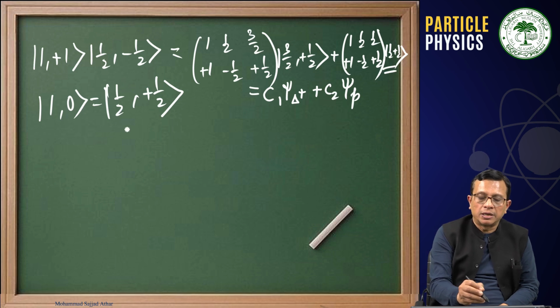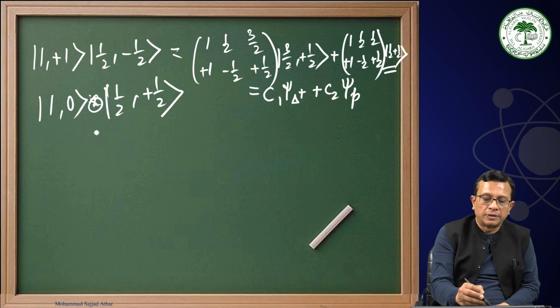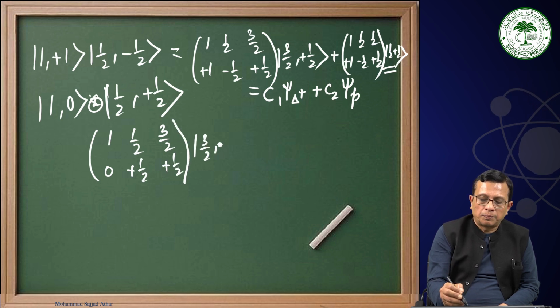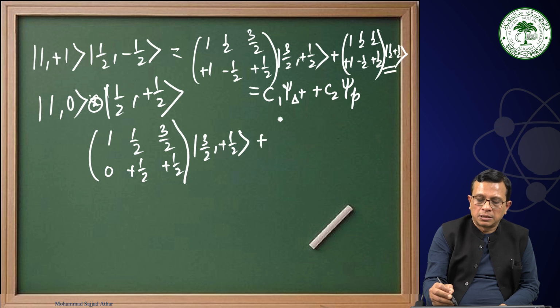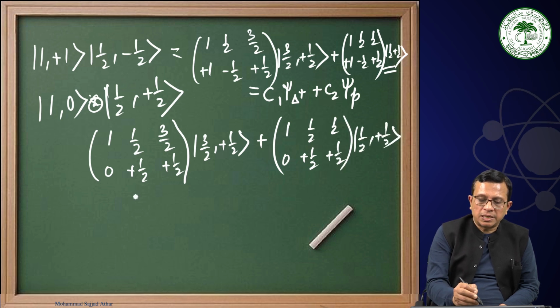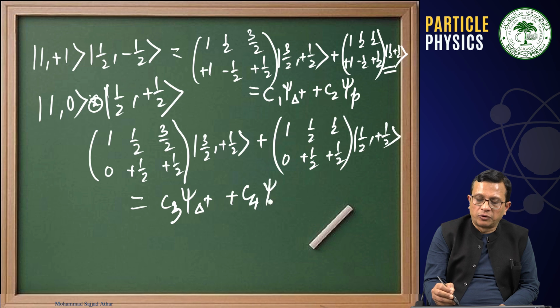Then when I combine 1 0 with half plus half, we have 1 half 3 by 2, 0 plus half, 3 by 2 plus half, plus 1 half, 0 plus half, half plus half. This is C3 psi delta plus C4 psi proton.